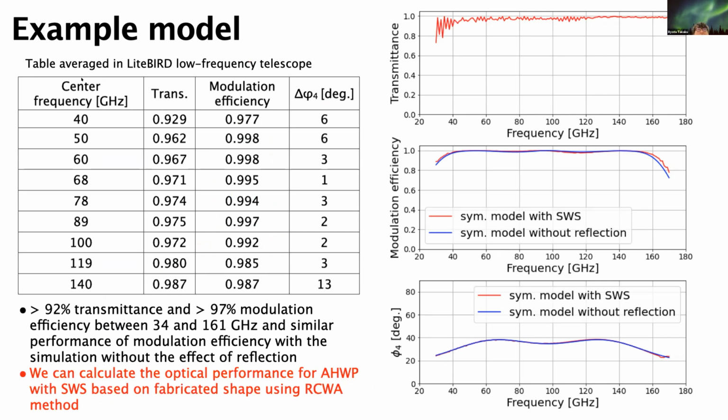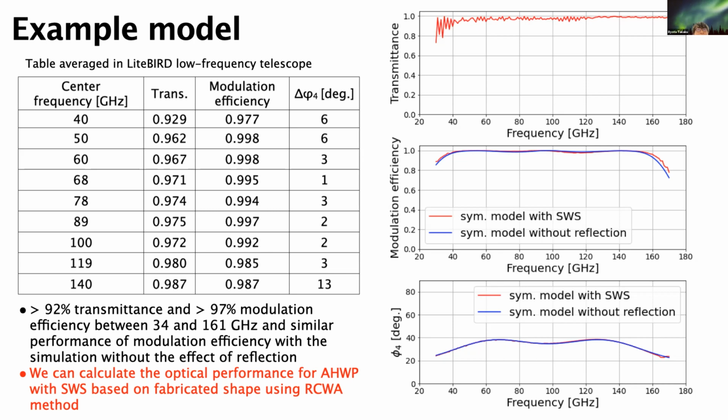This is one example of the performance of this model. I took the average in the LiteBIRD low frequency telescope. From this result, we can achieve transmittance of more than 92% and modulation efficiency of 97% across all the band.